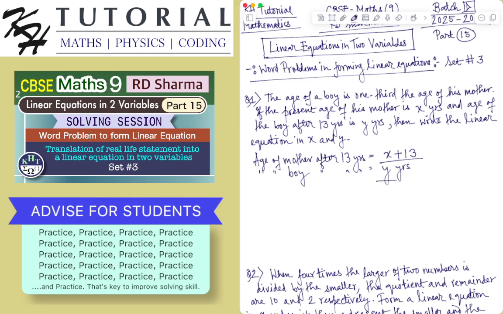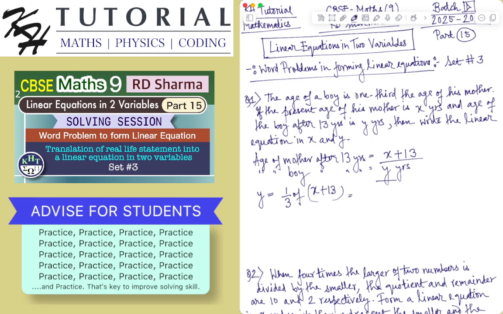So after 13 years also, the age of the boy will be 1/3 the age of the mother. So we can say y, which is the age of the boy after 13 years, will be 1/3 of the age of the mother after 13 years, which is x plus 13.